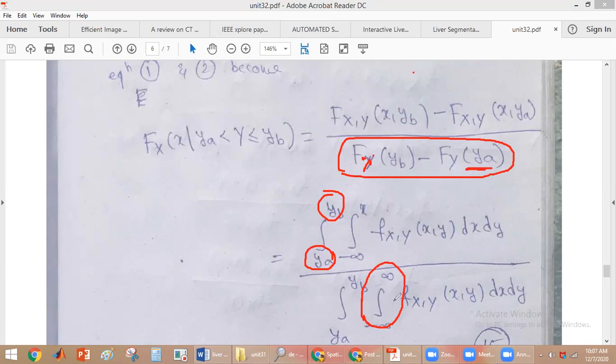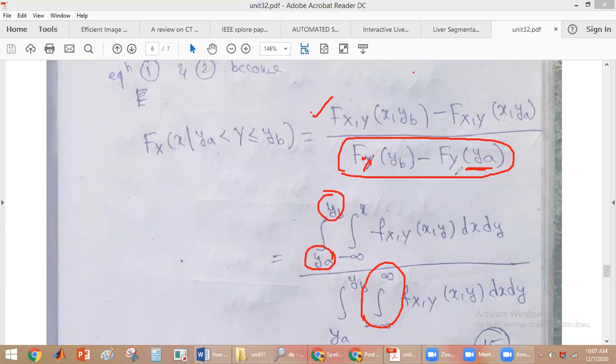This we also got from the properties of the joint density function. So the conditional distribution function can be written with x range minus infinity to x and y range ya to yb, Fxy of x comma y dx dy.